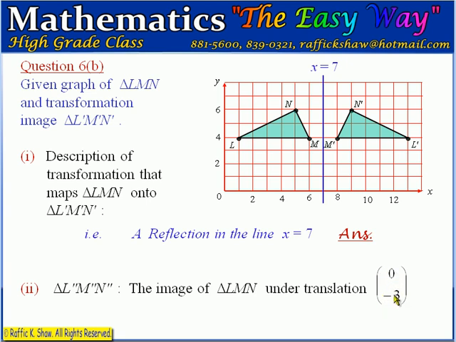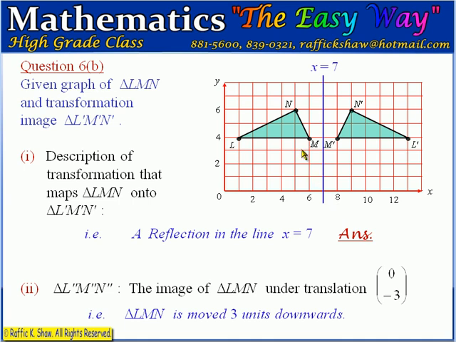The -3 means we're moving the triangle 3 units in the negative y direction, meaning 3 units downwards. So triangle LMN is moved 3 units downward. That's what this translation vector will do.